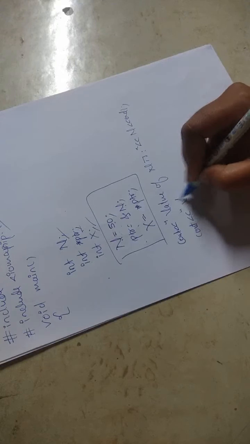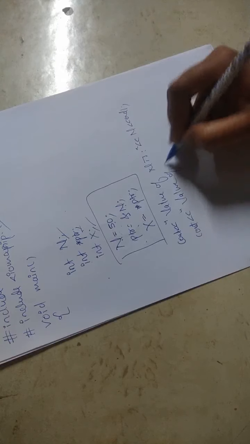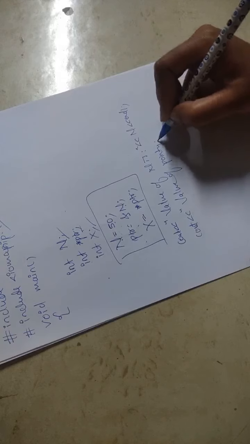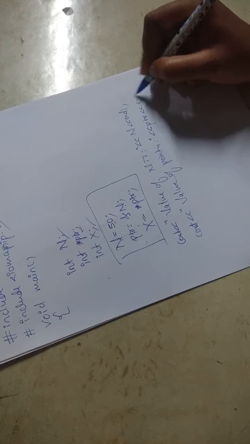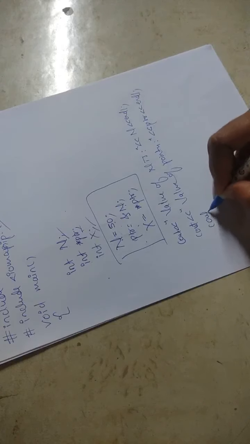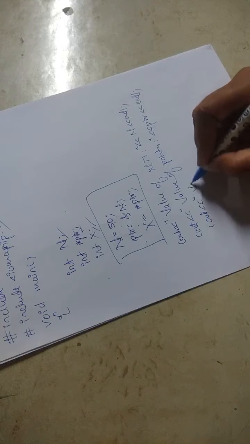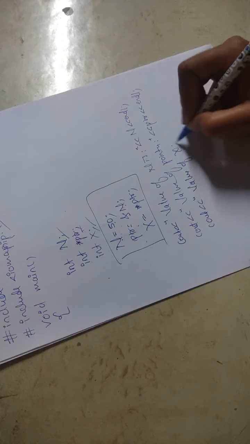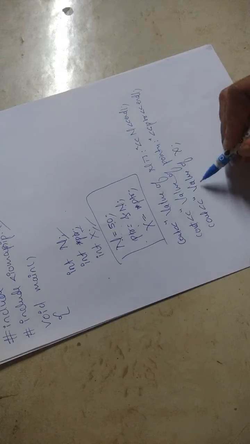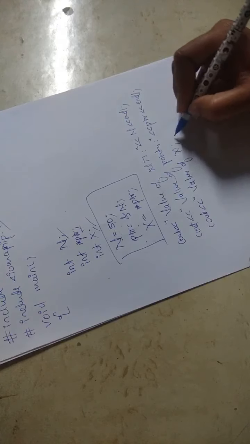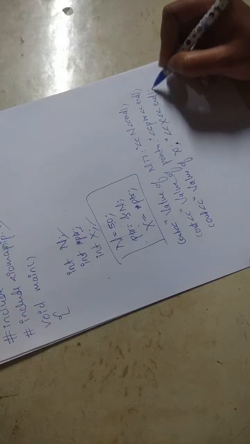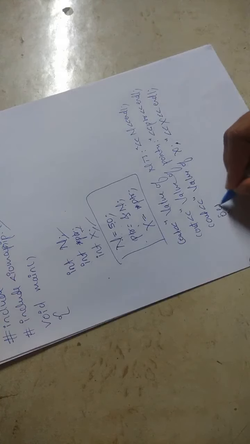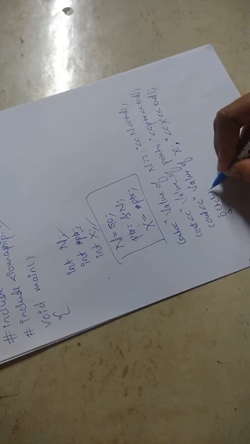Cout value of pointer, which is there in your ptr, endl. Next, cout value of x, which is there in x, endl. Now I'll close with getch and close the main function.